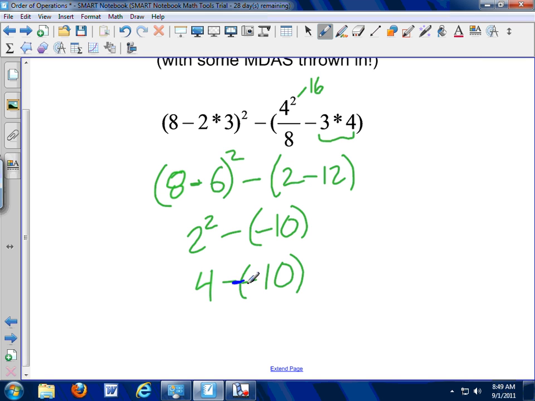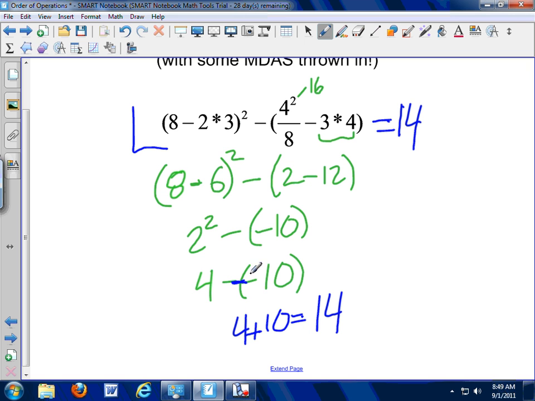I sort of go, oh, hey, look, if I connect those together, it kind of looks like a goofy little plus sign. So that means I'm doing 4 plus 10, which is 14. So all of this nonsense up here, and I mean nonsense in a good way, is 14.